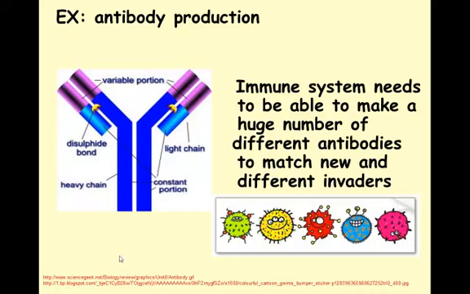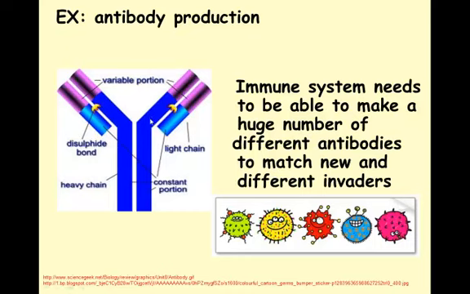The reason scientists think is related to the idea of using the same gene sequence, the same DNA code, in a variety of ways that allows the cell to adapt. For example, one of the molecules that your immune system makes to fight germs is called an antibody.